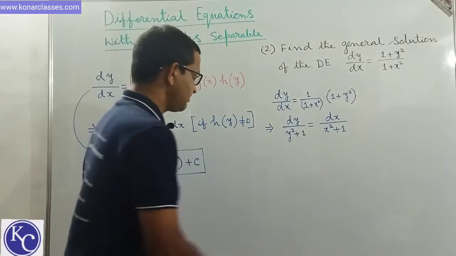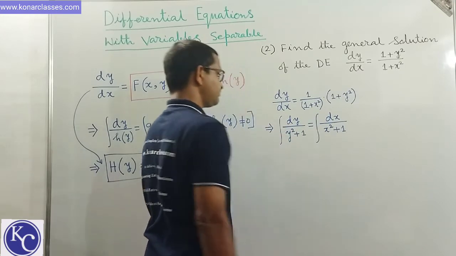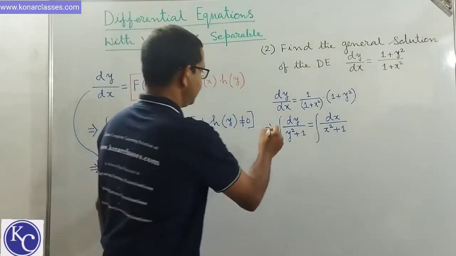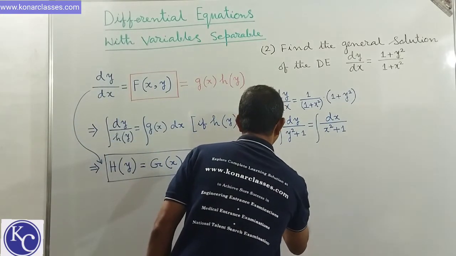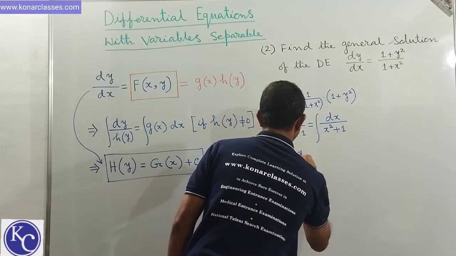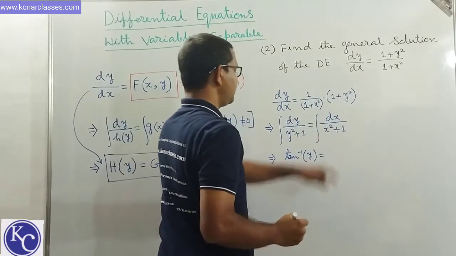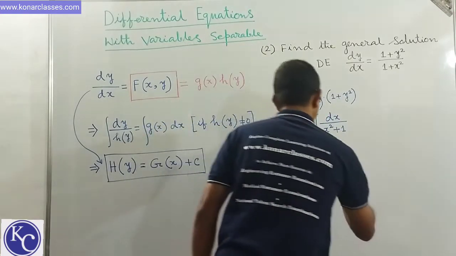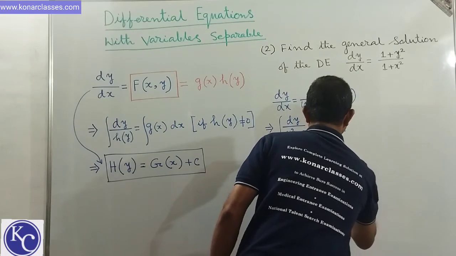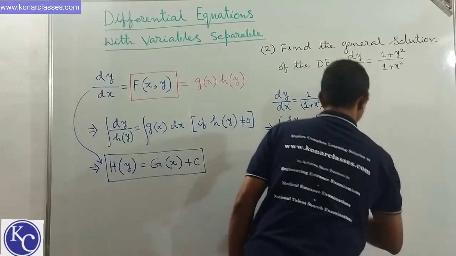Done. After that, it's pretty simple. We will integrate both sides. And we know that integration of dy by (y square plus 1) is tan inverse of y, is equal to integration of dx by (x square plus 1), which is tan inverse of x plus the integrating constant c.